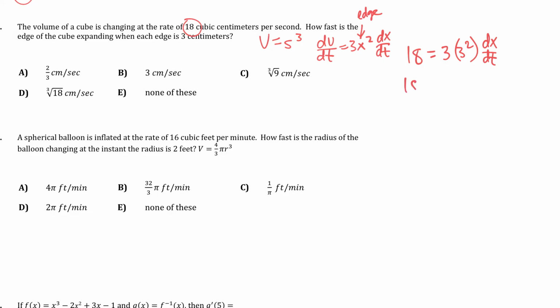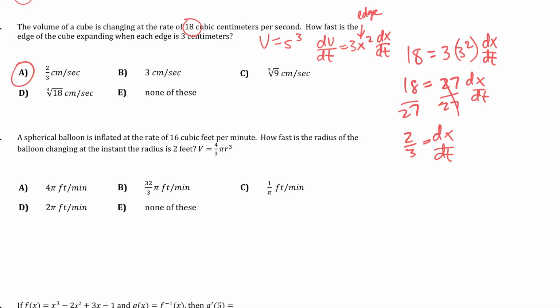And so that's 18 is equal to, what, 3 times 9 is 27? dx/dt, or ds/dt. Maybe I should have done it ds. Anyway, if I divide by 27, these cancel. Divide this by 27, and divide these both by 9. That's 2/3 is dx/dt, and that's A.